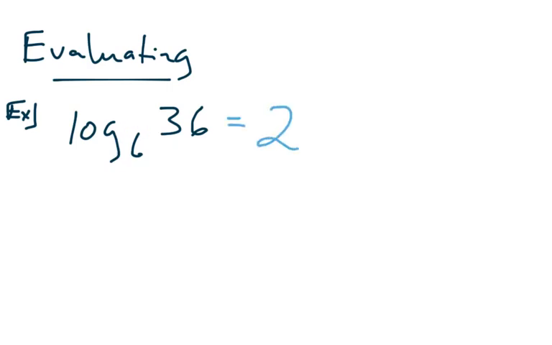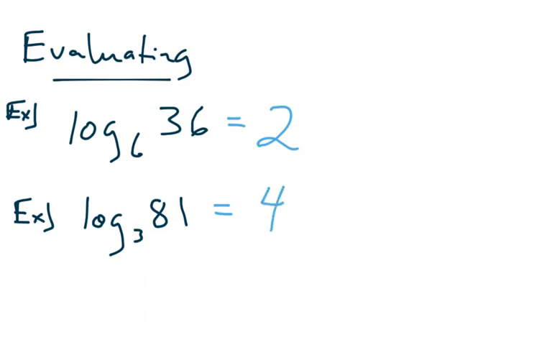So the log base 6 of 36 equals 2. Do you want to see if you can figure out the log base 3 of 81? What would be the exponent that you would put on 3 to get 81? And that exponent would be 4. So logs are equal to exponents.